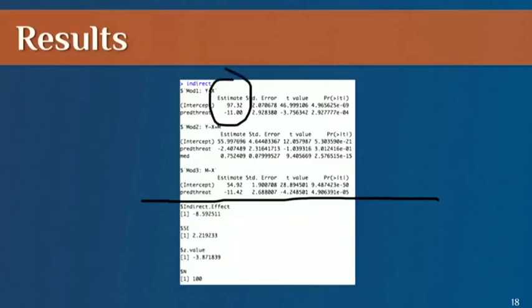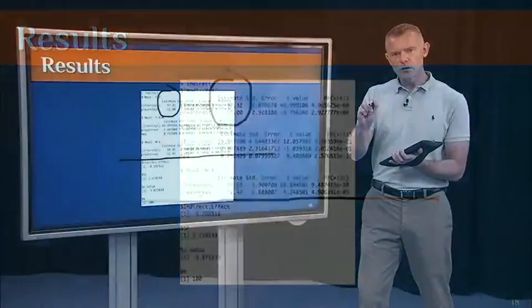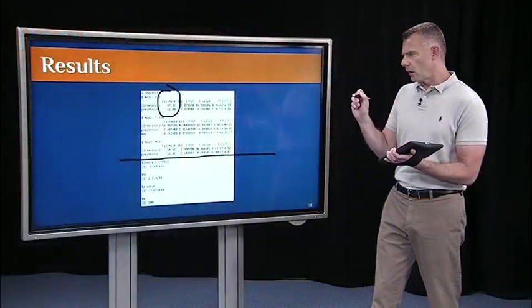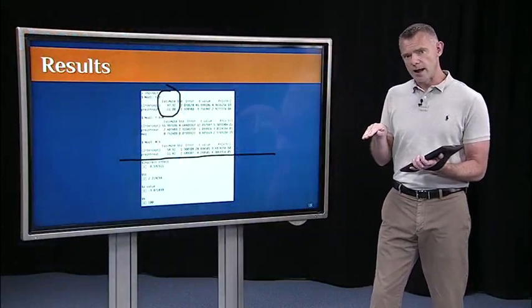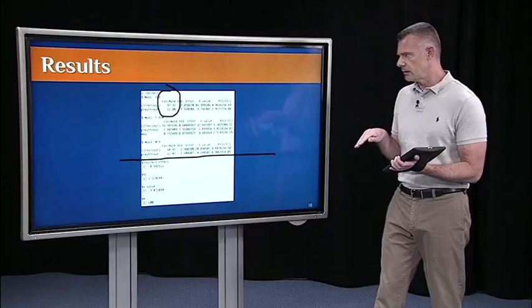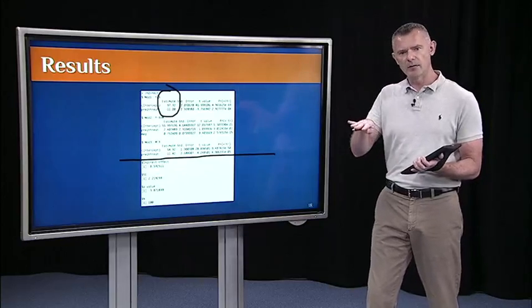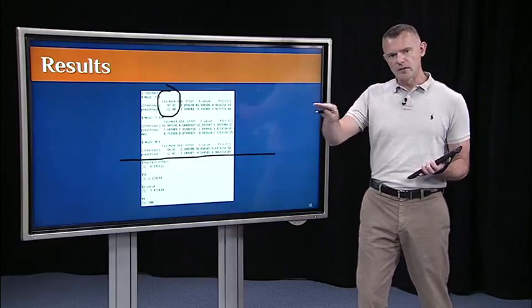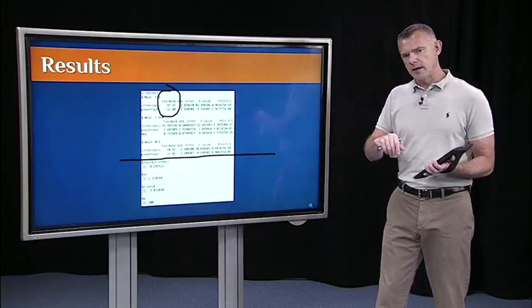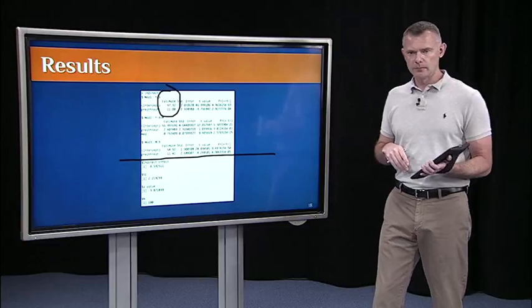And what you see is the predicted score on IQ when in the control condition, because when x is 0, right, is 97. So that's about average. Remember from the last lecture, this IQ score is scaled to have an average of 100.